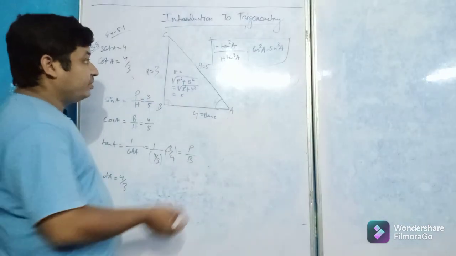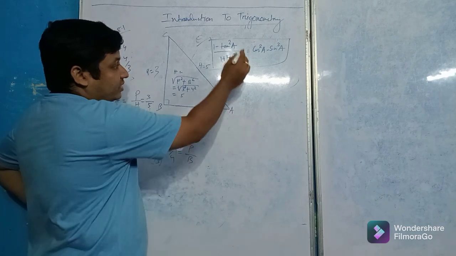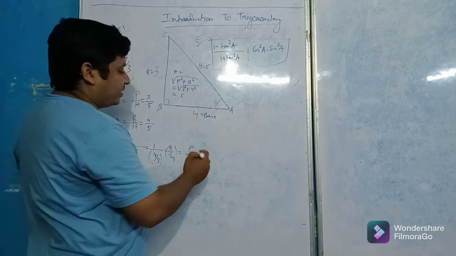So here we will be proving this formula, whether this 1 minus tan square A by 1 plus tan square A equals to cos square minus sin square A or not.